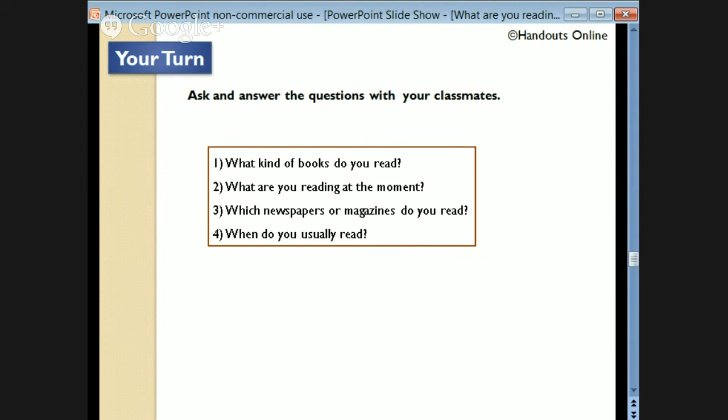Reading at the moment, I am reading a title. I am reading The Da Vinci Code. I am reading To Sir with Love. I am reading Catch-22. It is a book title.